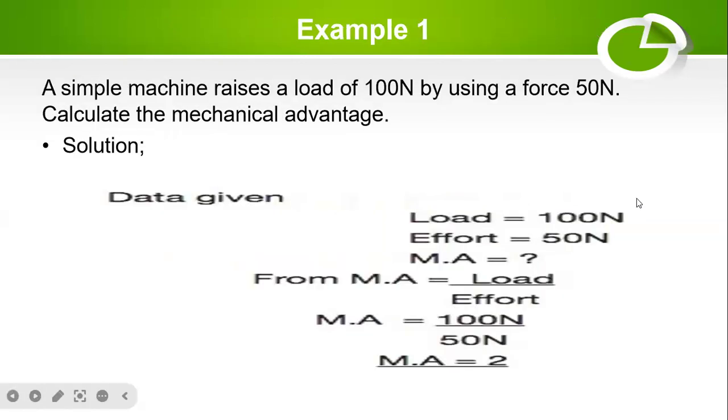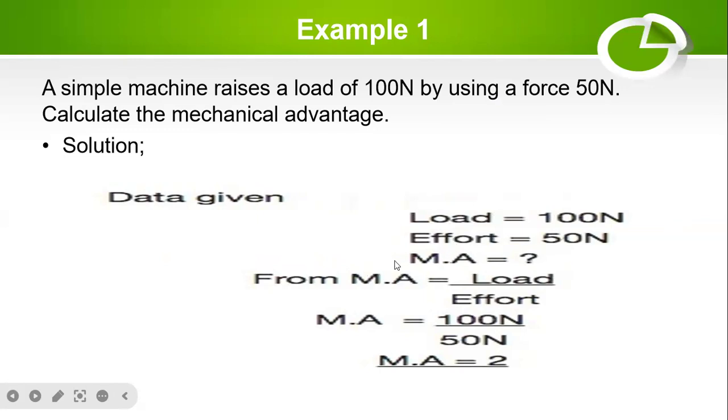Before the other term, let's see an example. A simple machine raises a load of 100 Newton by using a force of 50 Newton. Calculate the mechanical advantage. The given load is 100 Newton and the effort is 50 Newton.